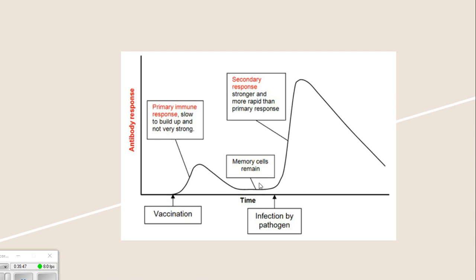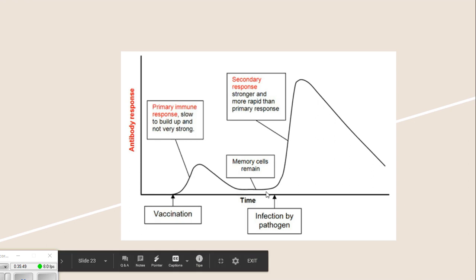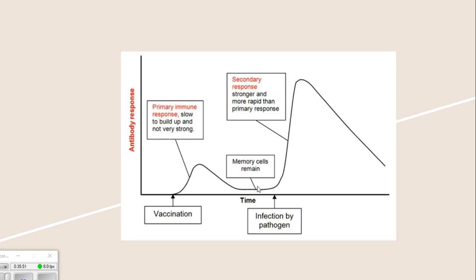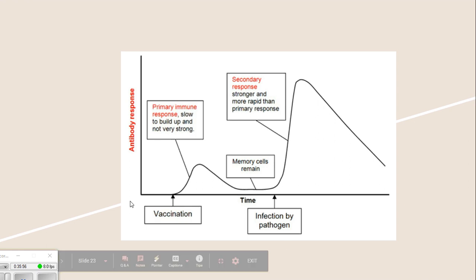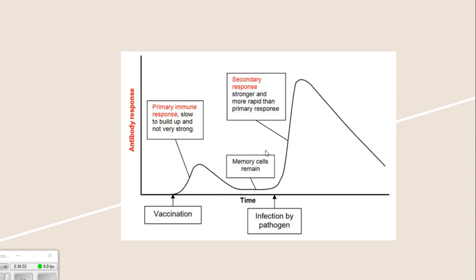And then here is where we've now generated some memory cells. And then later on, at some point in your life, you may encounter that pathogen that you have been vaccinated against. And that secondary response is a lot stronger and more rapid than that primary response. So you generate a lot more antibodies, you can clear that pathogen a lot more quickly, a lot more efficiently, and so it is less deadly in this sense than if there were no vaccine provided.